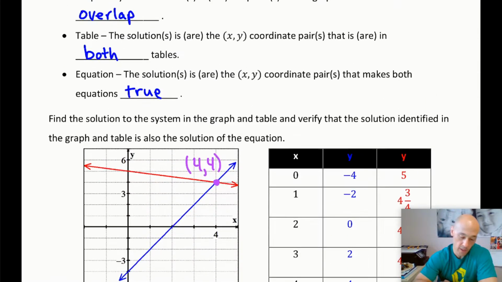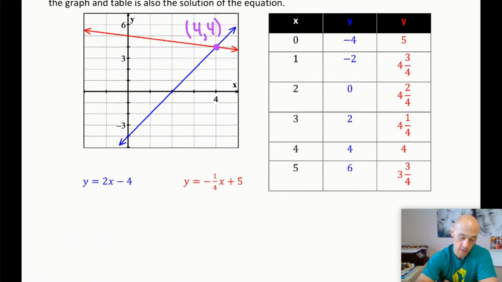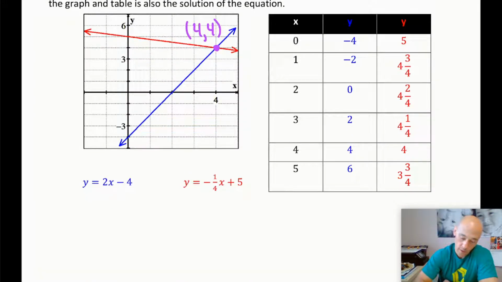In the table, we look for the coordinate pair that is in both tables. So when x is 0, y is -4 on the blue line, and y is 5 on the red line. Those don't match up. Here, the y values don't match up. They don't match up there, or there.